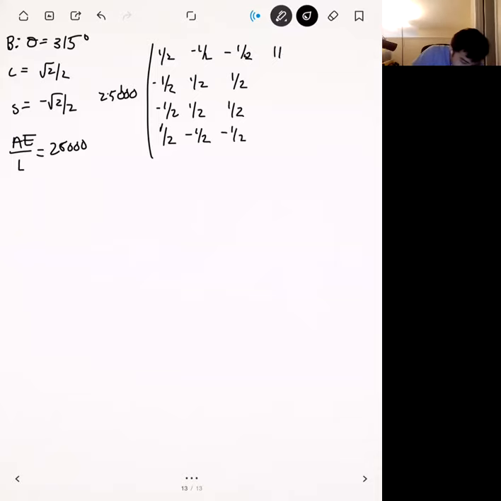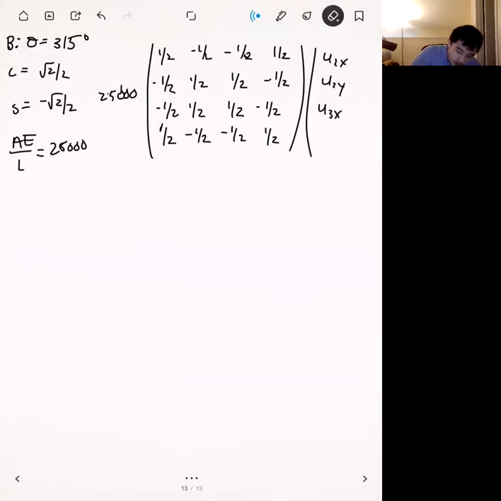This is 1/2, minus 1/2, minus 1/2, 1/2. Okay. And this is acting on nodes 2 and 4. And so this is going to be U2x, U2y, U4x, U4y. Okay. And so that's element B.